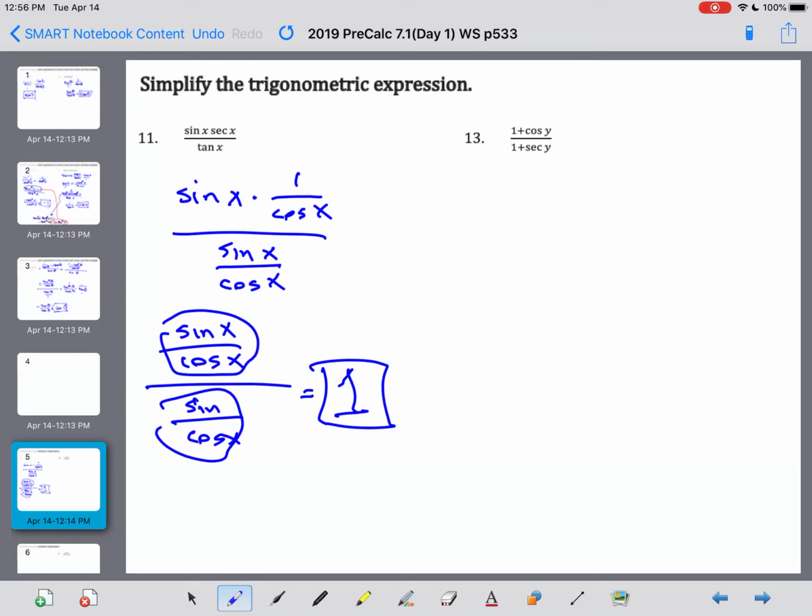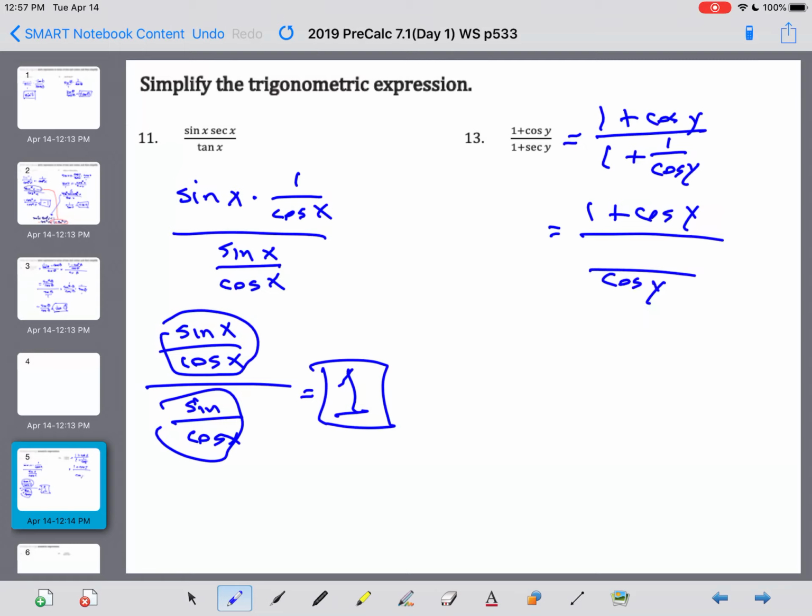Over here, the top looks to be all we can do right now. And the bottom I get 1 plus 1 over cosine y. To work on that denominator part, I have to get a cosine y common denominator, which means I'll get cosine y plus 1.